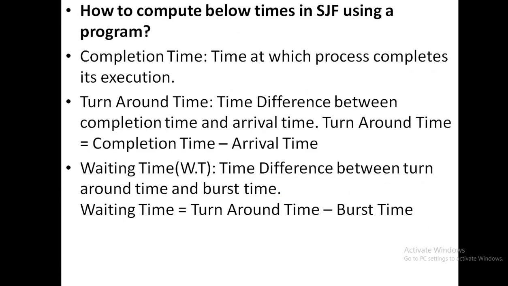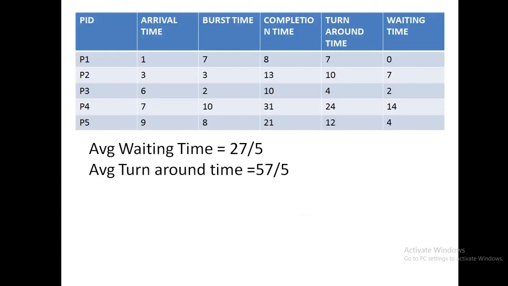Okay. So next, how to compute the turnaround time and waiting time. The formula for turnaround time is completion time minus arrival time. Let's go through the example.